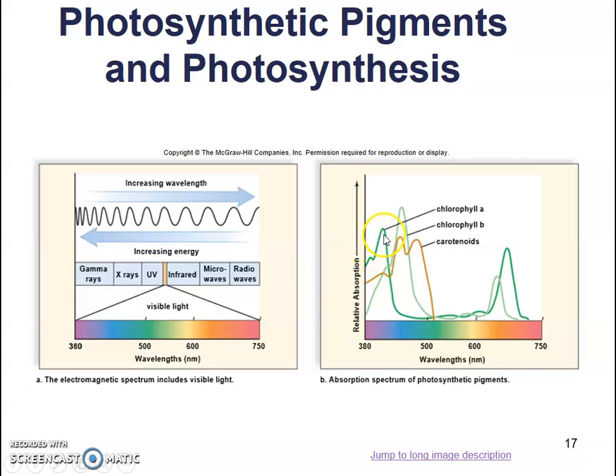So chlorophyll A absorbs these colors very well, so some violet into blue, and then down here the orange to red. Carotenoids absorb the purple, blue, green, and chlorophyll B absorbs some oranges and some purple, blue, greenish colors.